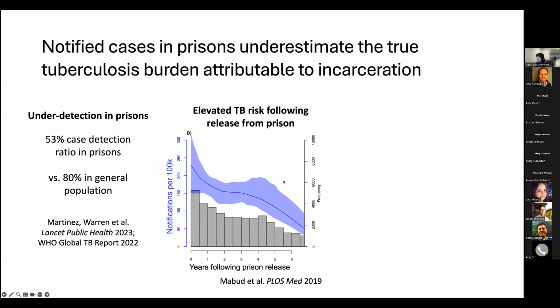This figure is from a data linkage study done in Brazil, where, by linking person-level incarceration data with the TB notifications database, they found that the rate of TB notifications was elevated in the early years following release from prison, shown here in the blue line. For reference, the general population notification rate in Brazil is around 40 per 100,000 for that period. So you can see it remained elevated for at least 7 years following release from prison.